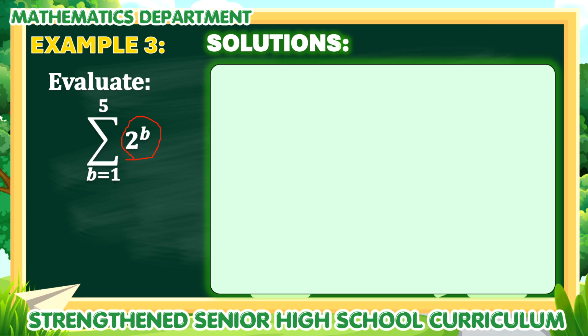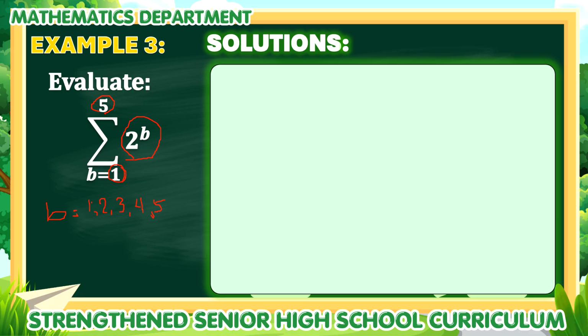Since our lower limit here is 1 and our upper limit is 5, we will be evaluating our expression 2 raised to b for the following values of b. We have 1, another one is 2, next is 3, next is 4, and next is 5.